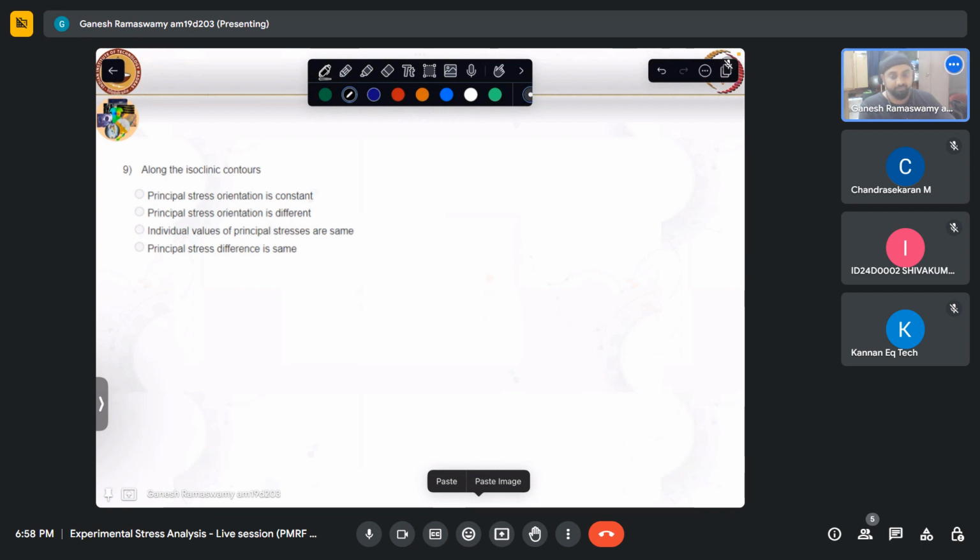So what this says is sigma 1 minus sigma 2 is constant. This says sigma 1 is constant. Sigma 2 is constant. This says theta 1 and theta 2 are different.